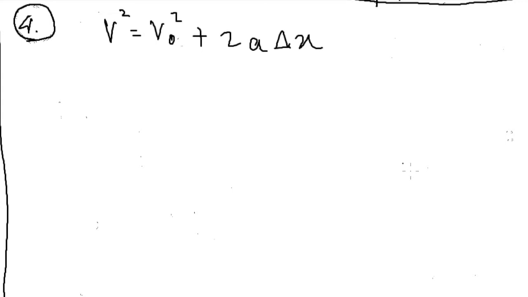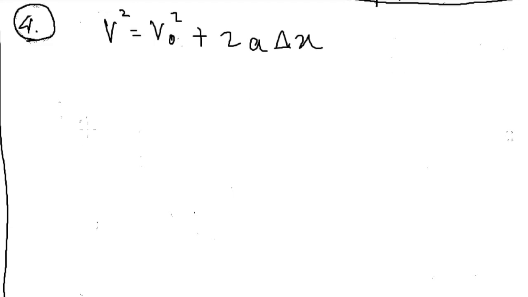So the fourth and final equation, to derive this, we're going to use both the first and third equations like in the previous one. Now, as you might have realized, the fourth equation has no time variable. So, what you can do to eliminate a time variable in these two equations is rearrange the third equation to find time and substitute it in the first equation.